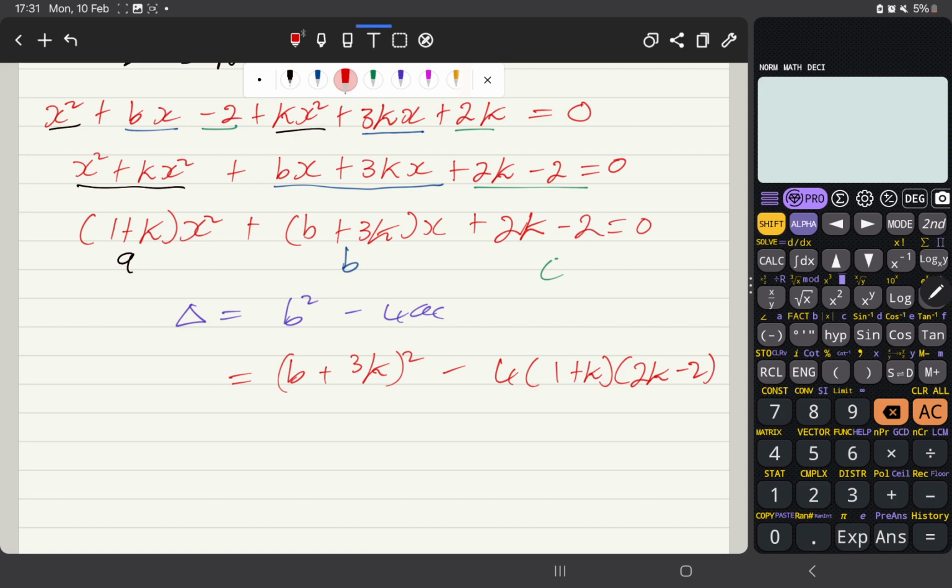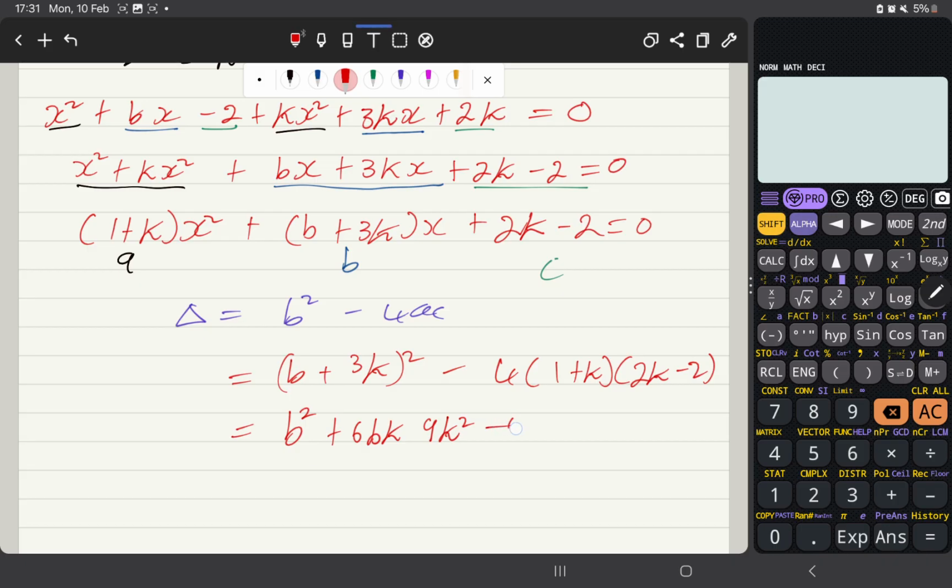Now it's just a matter of multiplying the whole thing. If I square this, it's gonna be b squared, b multiplied by 3k, that's 3bk, multiplied by 2, that's 6bk, and then 9k squared.